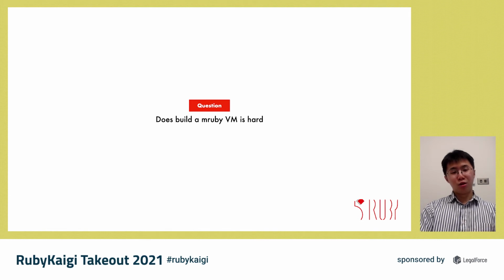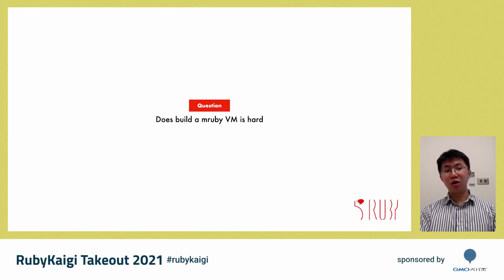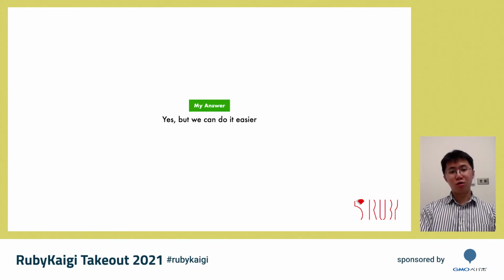Okay, so many people think building a programming language VM is very hard, and I think in Taiwan many people also agree with it. It is actually very hard. So my answer is yes, because we need to learn many things to build a programming language.